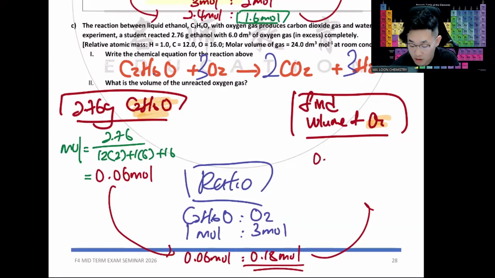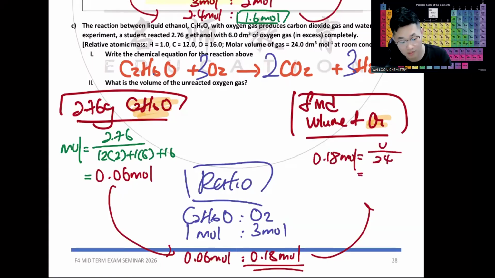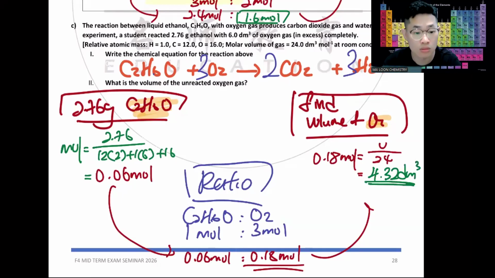So I use 0.18 mole equals volume over molar volume 24. I'm going to get 4.32 dm³. So this is the amount of oxygen that will be used. This is the real number. The one they gave me, fake value.